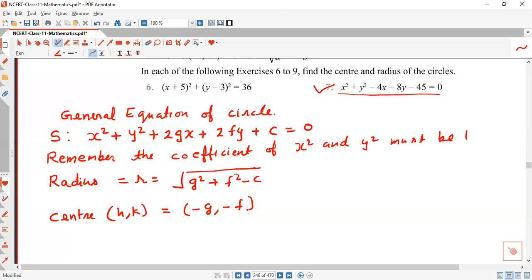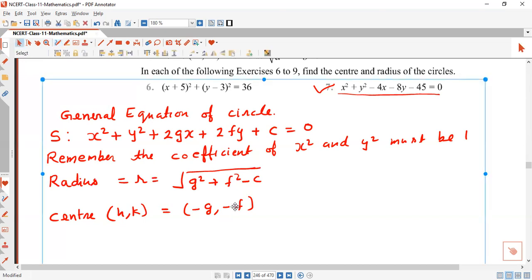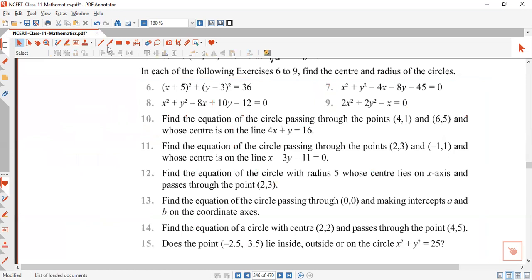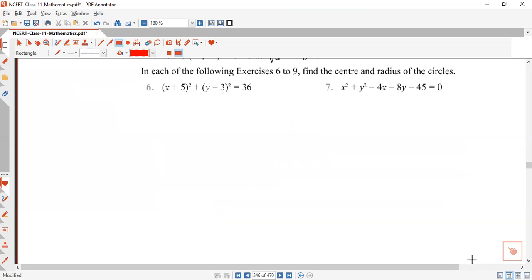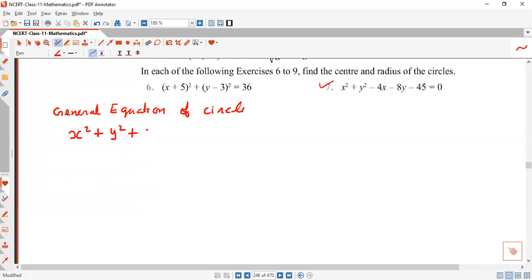Okay, now we will come back to the question. This concept will be used in this question. Now, in this question number 7, what concept are we using? Let's say the general equation of a circle: x square plus y square plus 2gx plus 2fy plus c equal to 0.